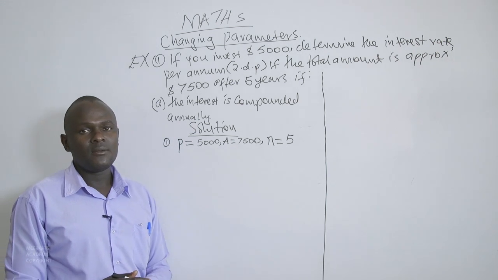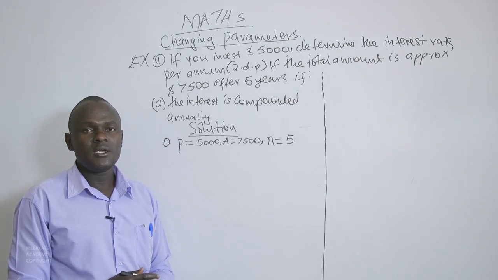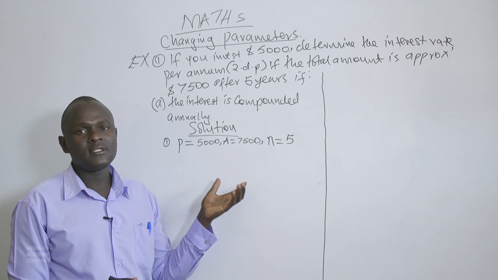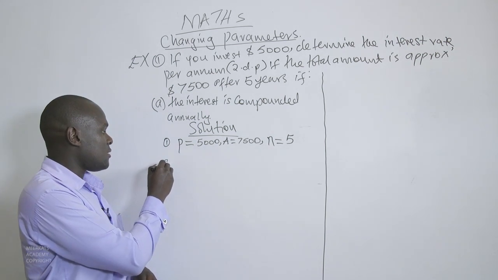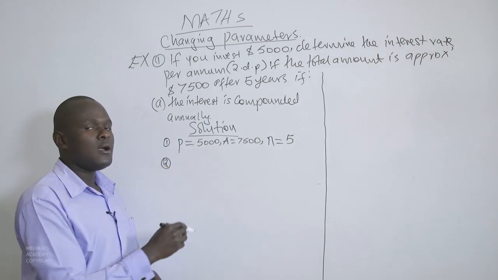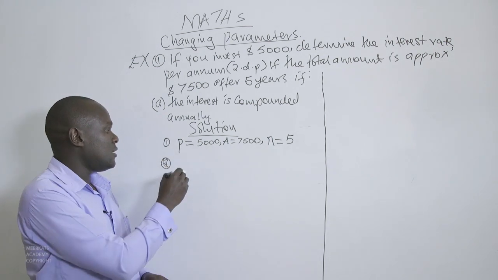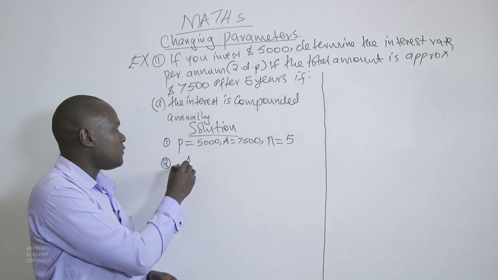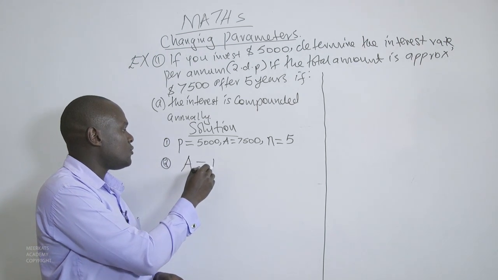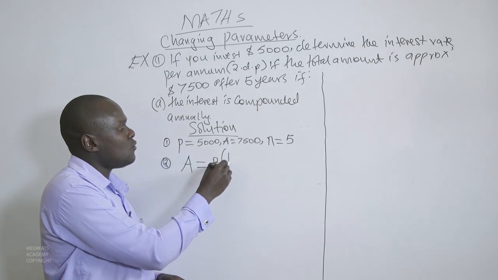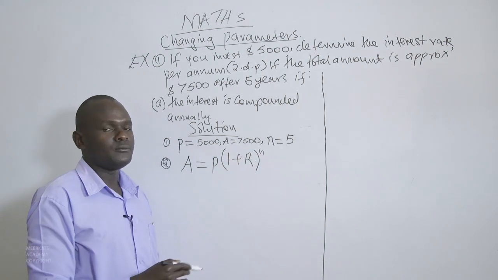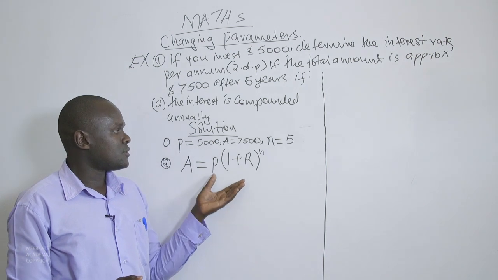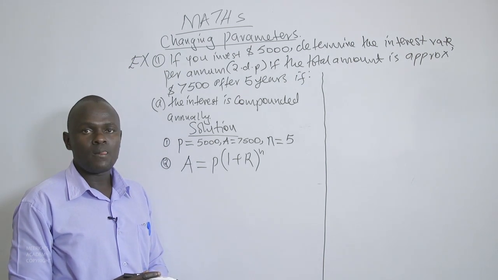After we have listed these variables down, we said that we go ahead and write down the compound interest formula. That is the second thing we are supposed to do. And just a reminder that the compound interest formula is A is equal to P into bracket 1 plus R raised to power N. These are the variables we have.